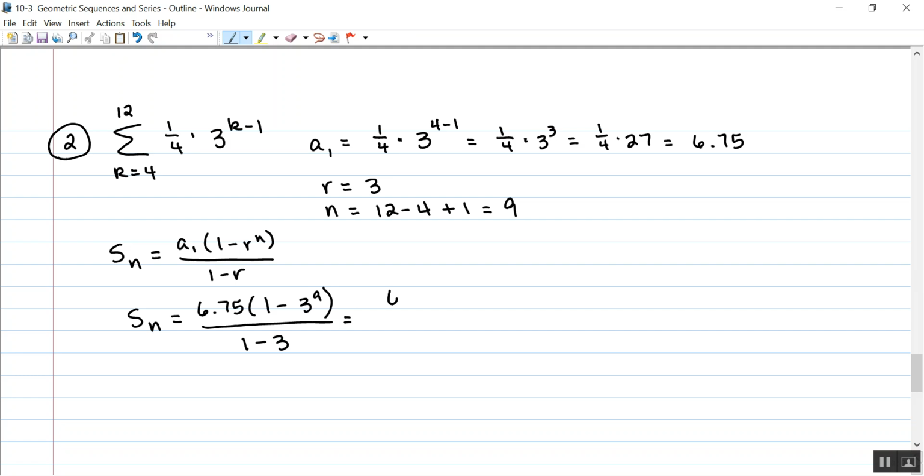So that gives me 6.75 times 1 minus 19,683 over -2, and plugging that all into my calculator, I get 66,426.75. So that would be the sum of this geometric series.